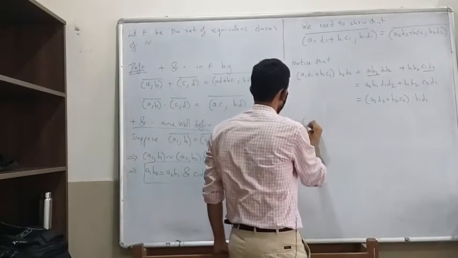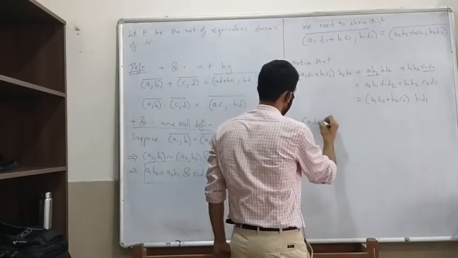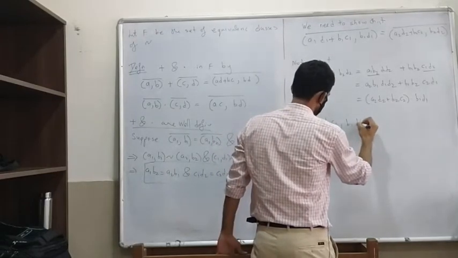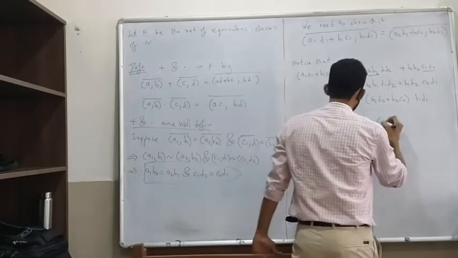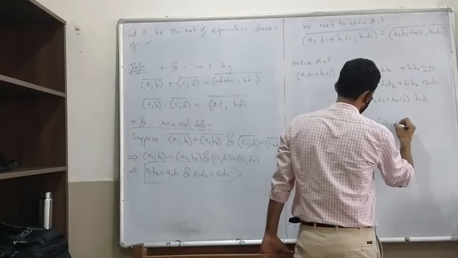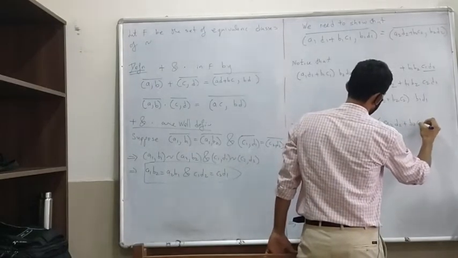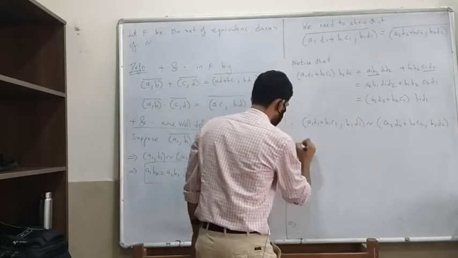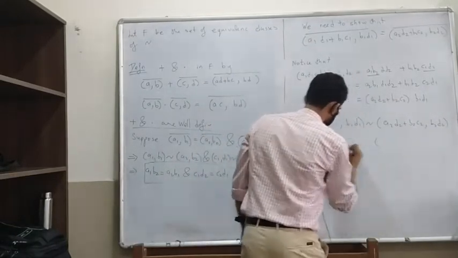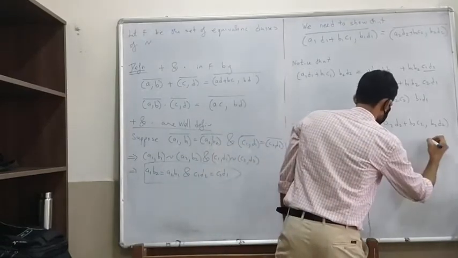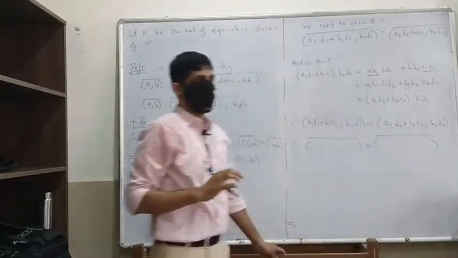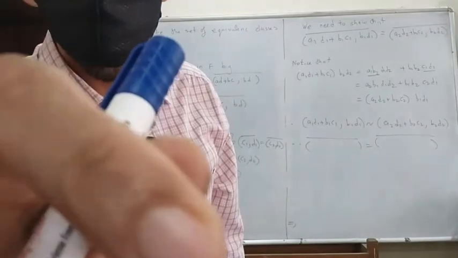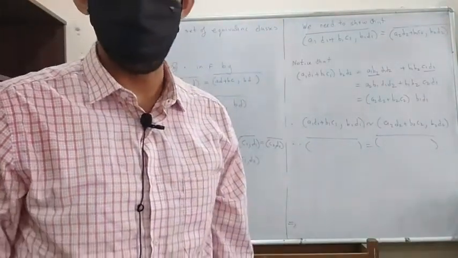So A1 D1 plus B1 C1 comma B1 D1 is related to A2 D2 plus B2 C2 comma B2 D2, which means the corresponding equivalence classes are the same. Two elements related in an equivalence relation means that their equivalence classes are exactly the same.